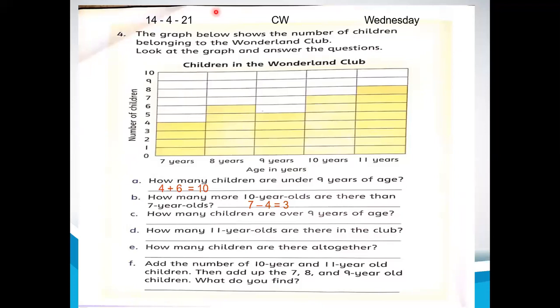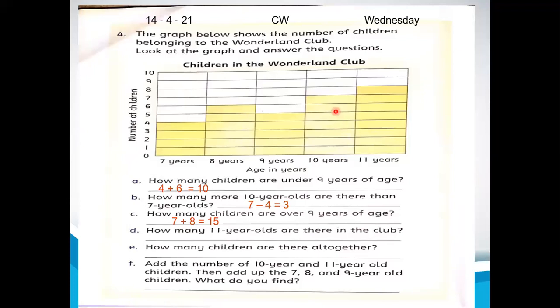So what you will do, here they ask how many children are over 9 years of age. So what we will do, we will see these two columns, 10 years and 11 years. So we will add these number of children.